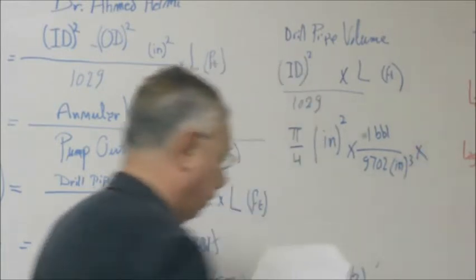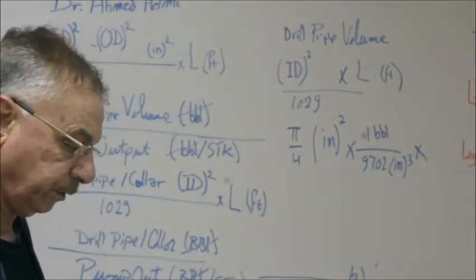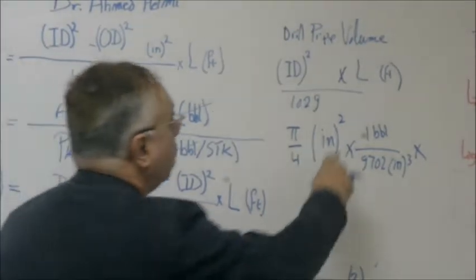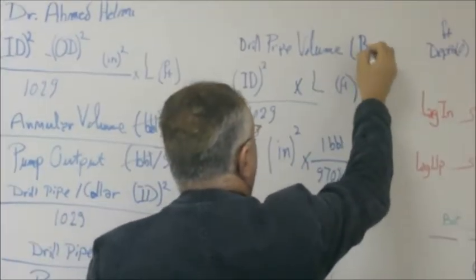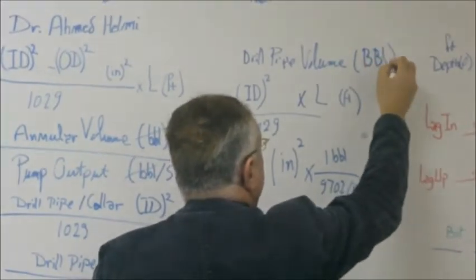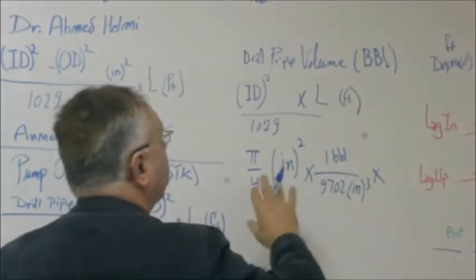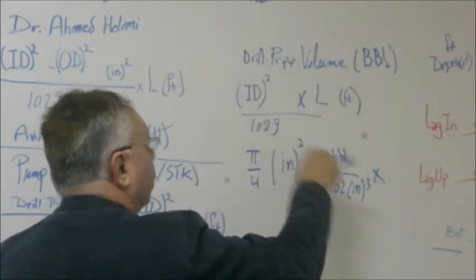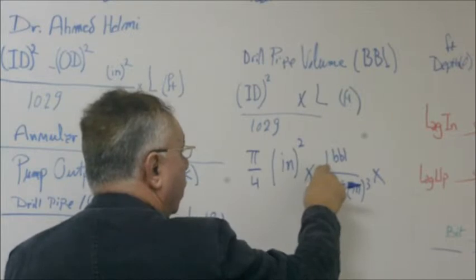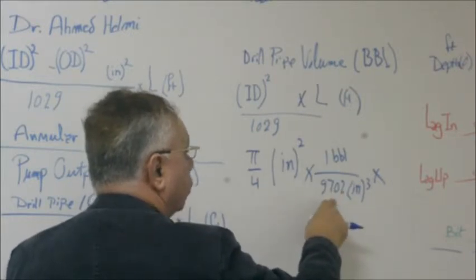And to get rid of the feet, we want the drill pipe volume in barrels. So we will get rid of whatever is different than barrel. We will introduce barrel. One barrel equals 9702.